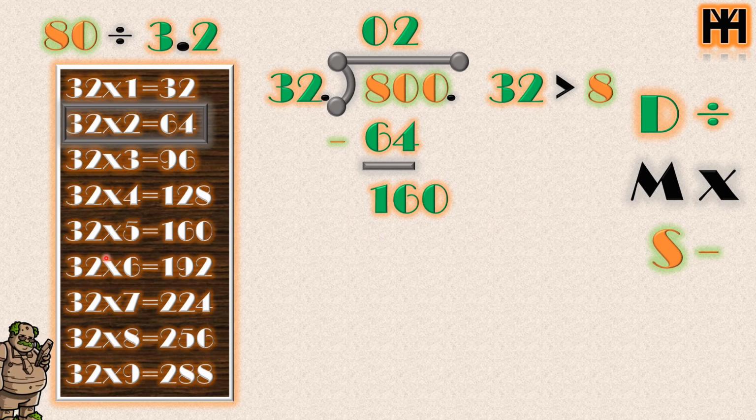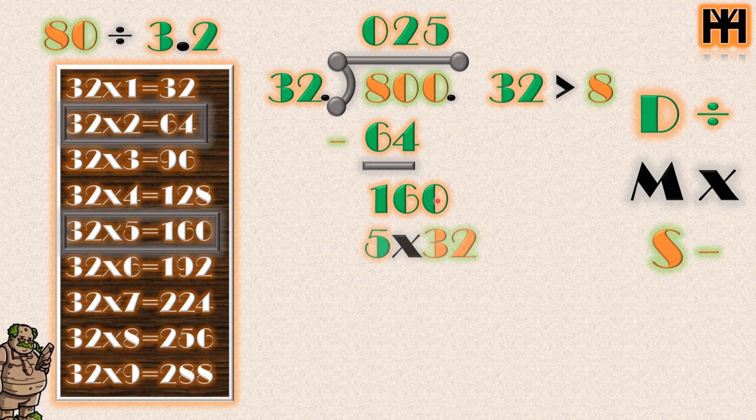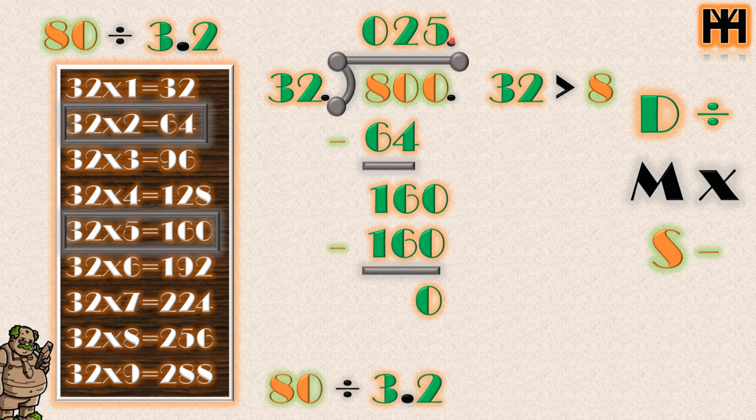Let's look here, it's here. 32 times 5 is 160, so we'll write 5 here. Then the multiplication, 5 times 32 is 160. Let's subtract them, so it's 0. Don't forget to bring this decimal point up, so the result of this division is 25.